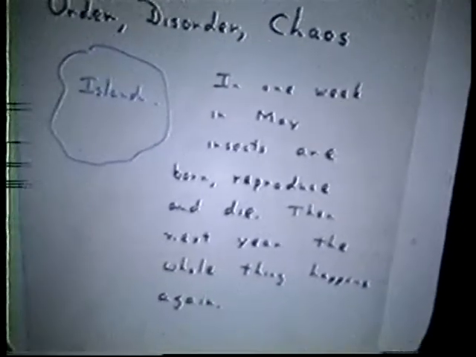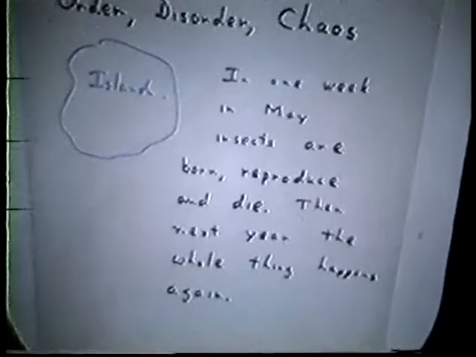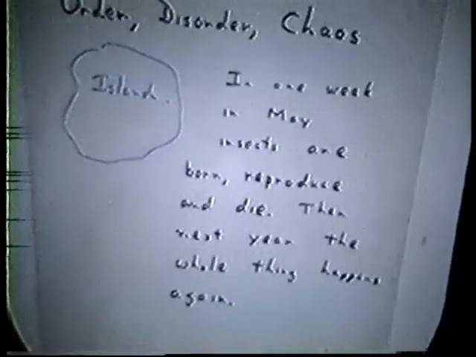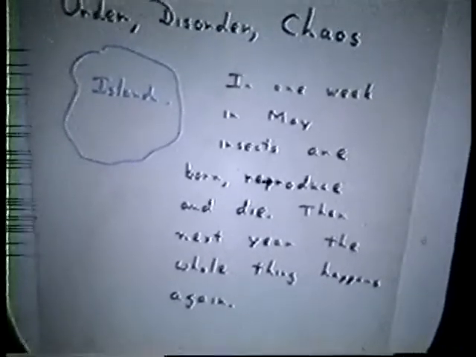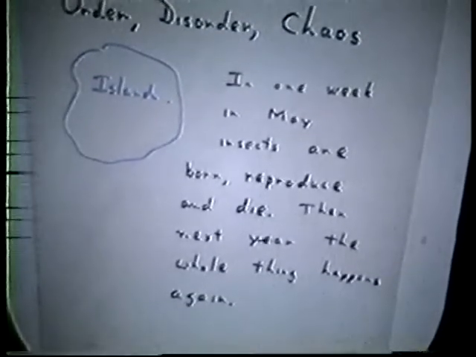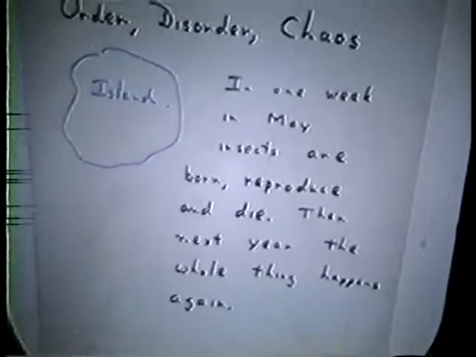The model is very simple. I want you to imagine an island. Every year on that island, we have a bunch of insects who lay eggs. The eggs hatch. The insects live for a month or so. They lay eggs again. The insects die off over the wintertime, and the process goes on again and again.